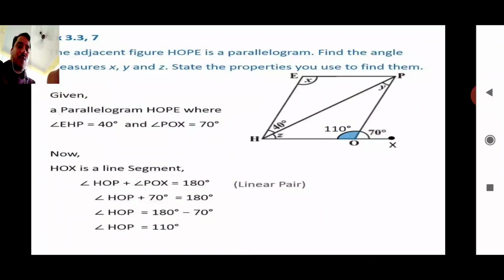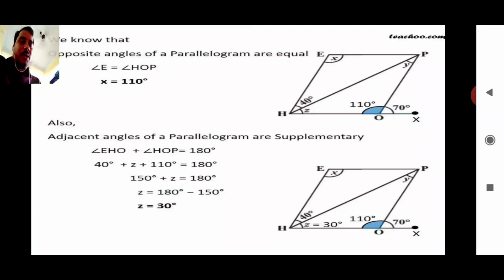Here HOX is a line segment. So angle HOP plus angle POX equals 180 degrees, and angle POX equals 70 degrees. So angle HOP equals 110 degrees. Now opposite angles of a parallelogram are equal, so angle E, or angle x, equals 110 degrees.